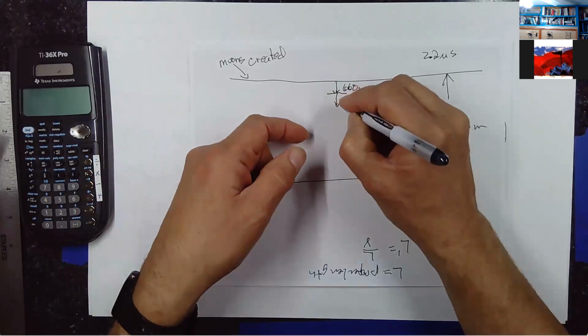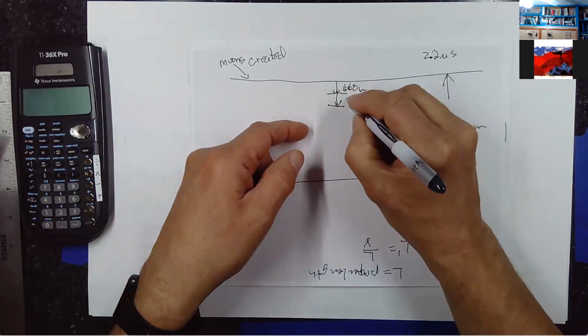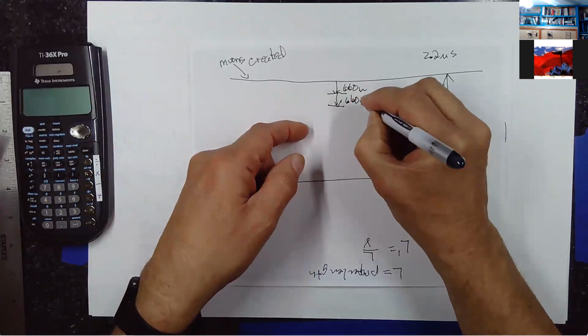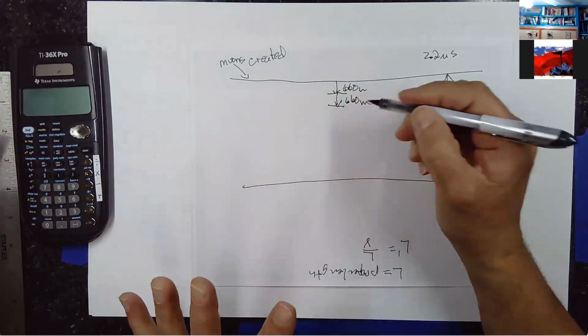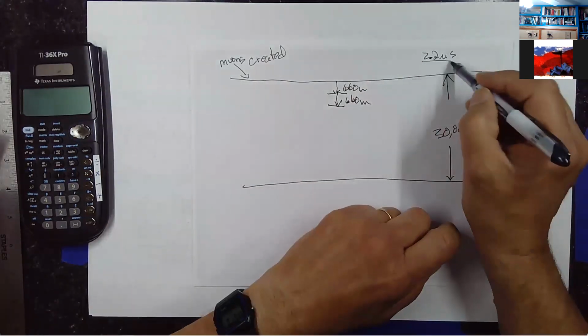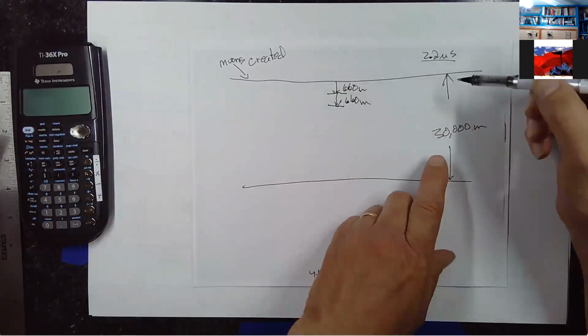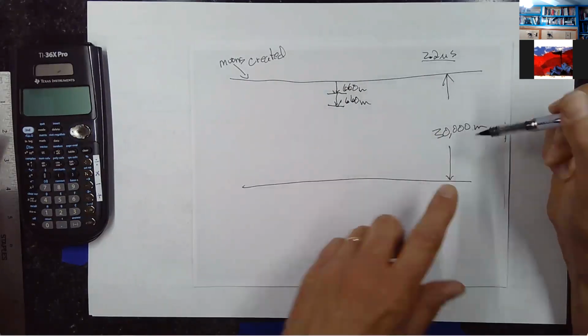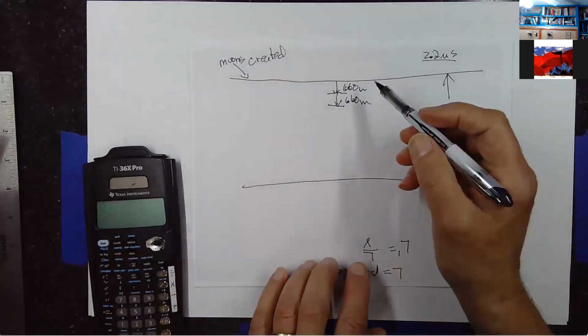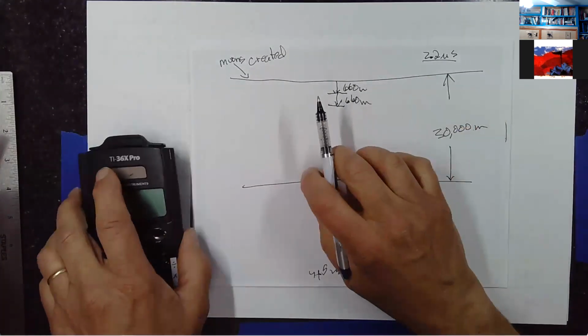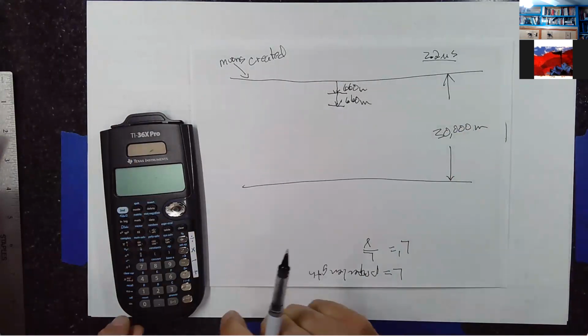And every time you go another 660 meters, half of the muons would decay, and so forth, with that lifetime of 2.2 microseconds. And by the time you've gone 30,000 meters down, you've got a lot of 660 meter distances folded into that.